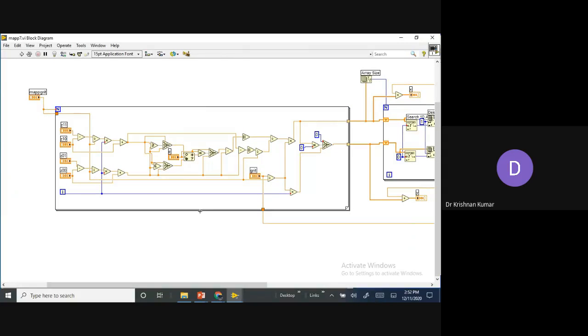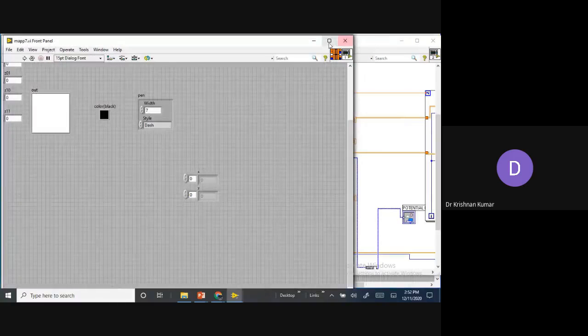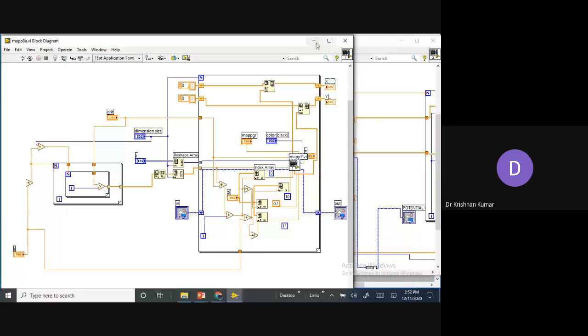This is the major coding, and it is the principle for this entire mapping. What we have done is, in the X and Y directions, we have taken 4 points. I'll be explaining this in the paint.